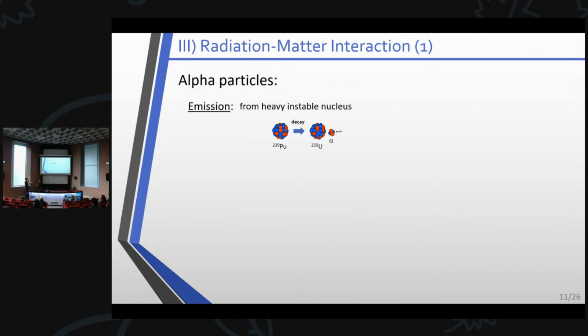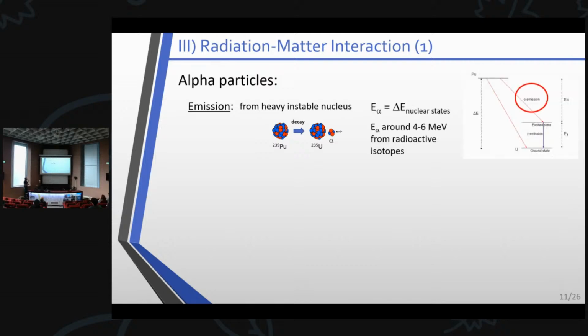So the emission of alpha particles: they come from heavy unstable nuclei. For instance, you have plutonium nuclei, which will decay into uranium nuclei by ejecting a part of the nucleus, which is called an alpha particle. The energy of this alpha particle is just the difference between the two energy states.